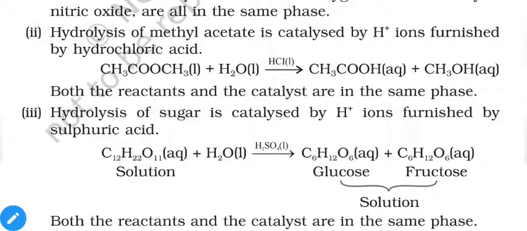In presence of H2SO4, this reaction will be catalyzed. This same reaction is also carried out in our body. This is the hydrolysis of sugars in our body, and it releases glucose and fructose, and eventually these glucose and fructose molecules will be used for the production of energy in the body.